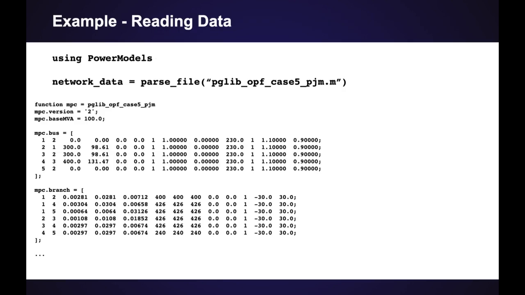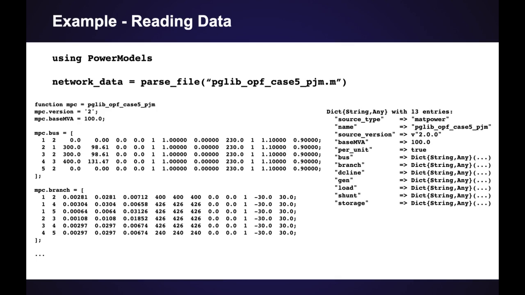Digging a little bit deeper into this, let's look at what the data structures look like. So if you do parse_file with this MATLAB file, the source information is in a textual matrix-like format. So you can see here that I'm showing you the MATLAB raw text below here. It has a function name, it has some values defined, it has some matrices defined, like a bus matrix and a branch matrix.